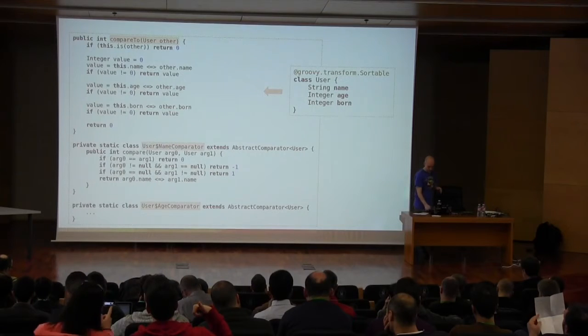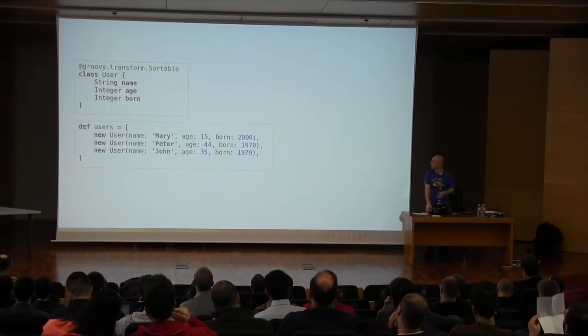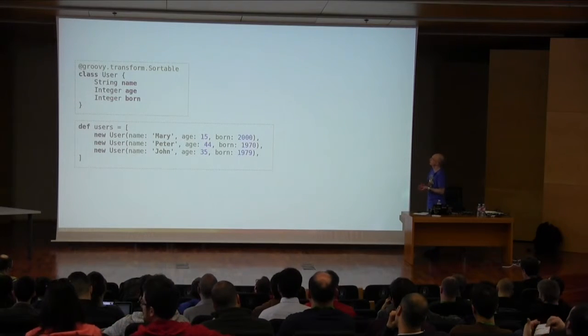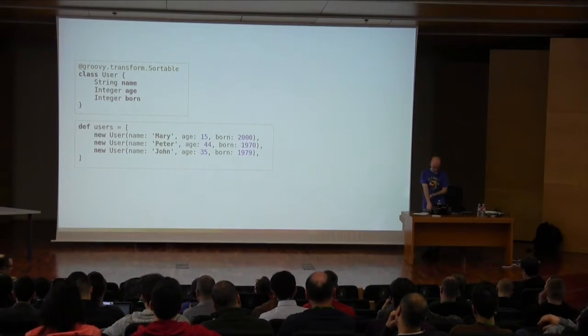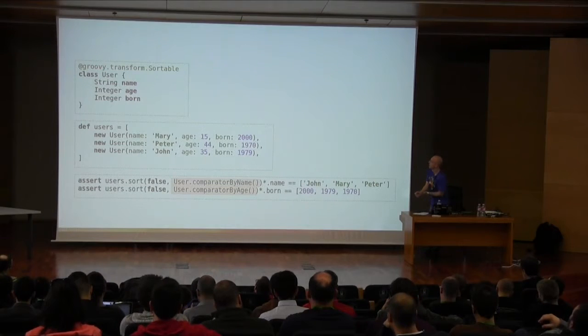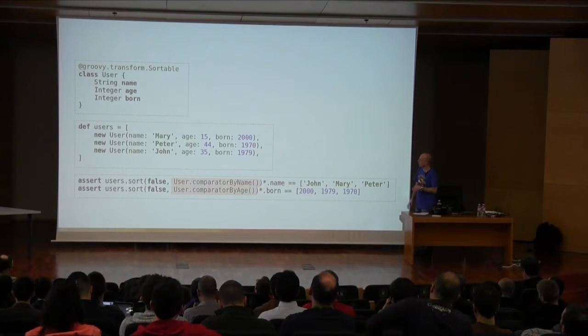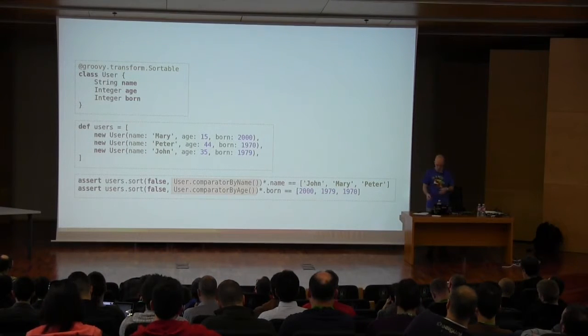And with this code, we can write something like this. We create a list of users with name, age, and born. And then we can use these comparators. User comparator by name, and check that the names are sorted. And we can also use comparator by age and check the born date.